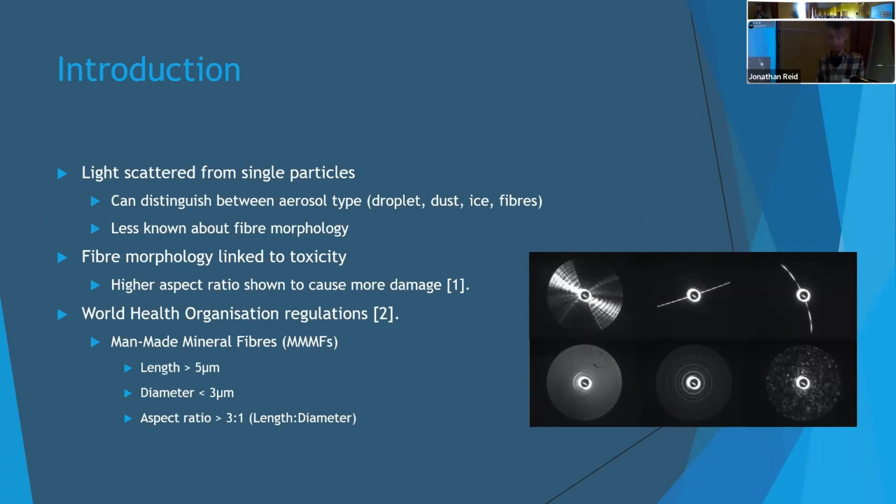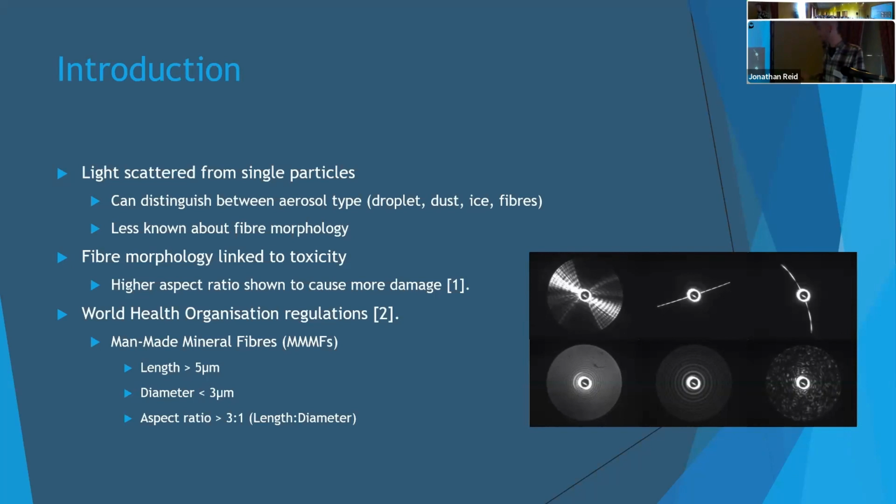We've got instruments at University of Hertfordshire that collect forward scattered light from aerosolized particles, and we've got a basic idea on how to distinguish between different aerosol types. So we know these are spherical particles or droplets, just because of the concentric rings around them.